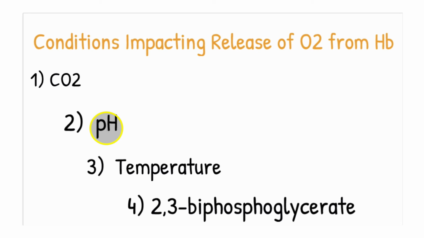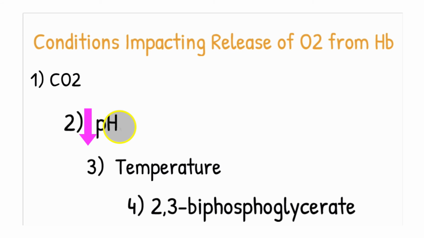A decrease in pH will also stimulate the release of oxygen from hemoglobin. We've articulated previously that CO2 and the hydrogen ion are significantly related to each other. As CO2 increases in the body or in the tissues, it's going to react with water, make carbonic acid, and dissociate into bicarbonate and the hydrogen ion, which will decrease the pH of that region.